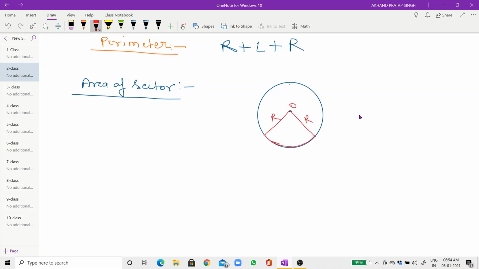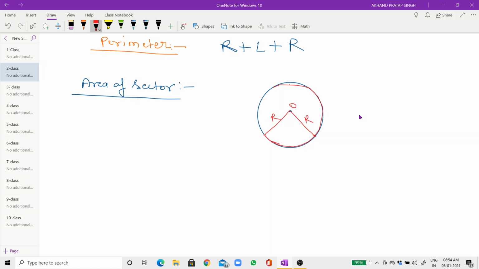We apply the same concept here, the unitary method. If we take this point and cover the whole distance and come back to this point, how much angle do we cover? 360 degrees. And how much area do we cover? Pi r square.